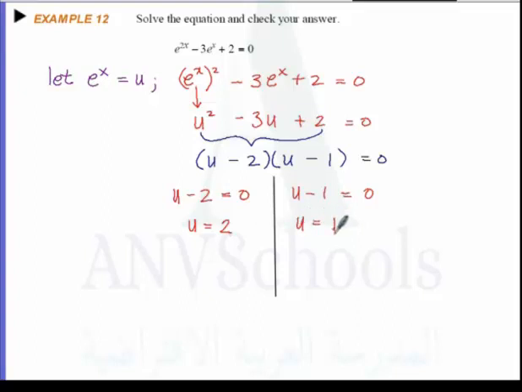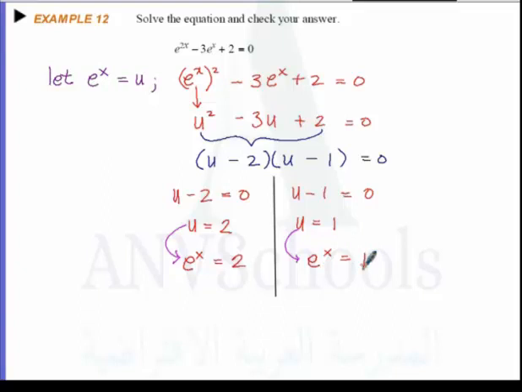And then now we go back to the original form of our u, which is e raised to x. So this e raised to x now becomes 2, and e raised to x on the other side is 1.